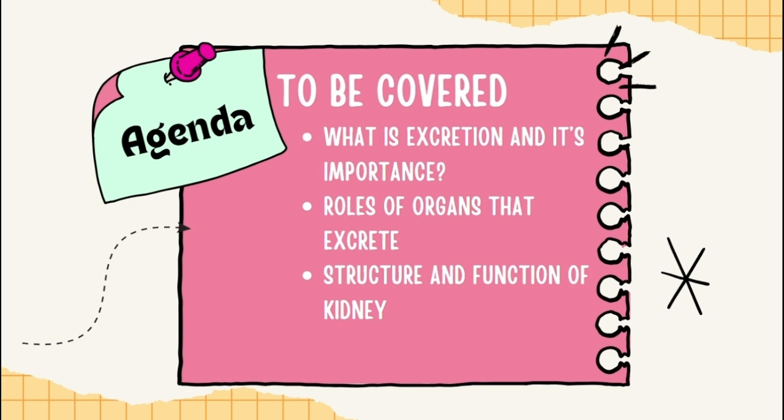The word secrete works more when you talk about hormones or things that actually serve a function in the body. That's why something secretes something, right? For example, in our stomach we secrete digestive enzymes that act on the food we eat. But don't mix up excrete and secrete, because they're two different things.